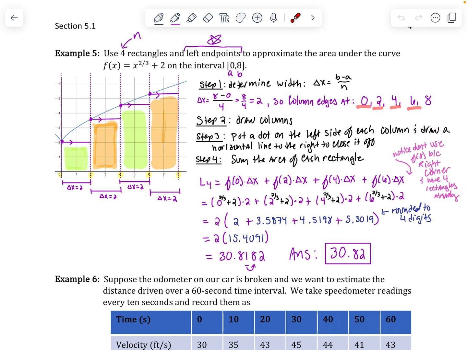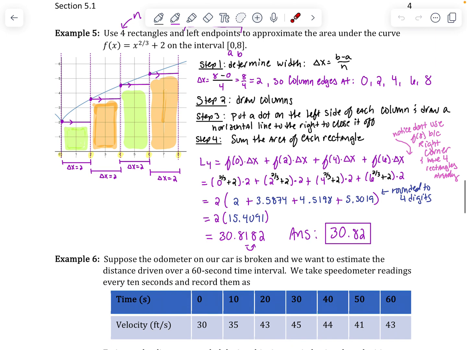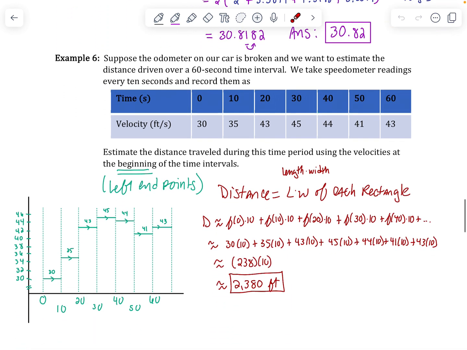There's a note here that I didn't plug in 8, because when x is 8, I don't have another left endpoint rectangle. 8 is the right end of my last rectangle, and we don't use it. Combining all of the heights into a single sum and multiplying by the width, the area under this curve from 0 to 8 is approximately 30.82, in whatever units we're measuring.